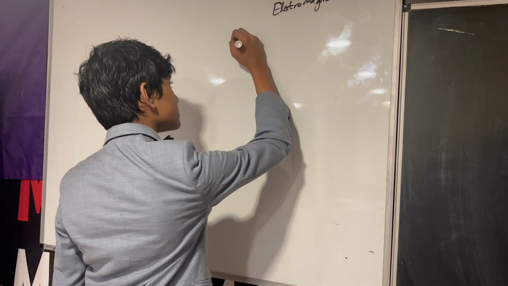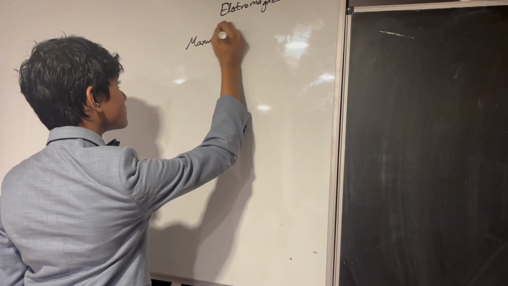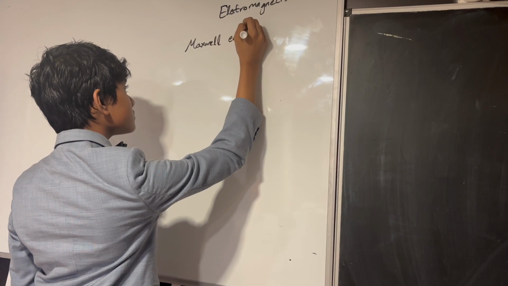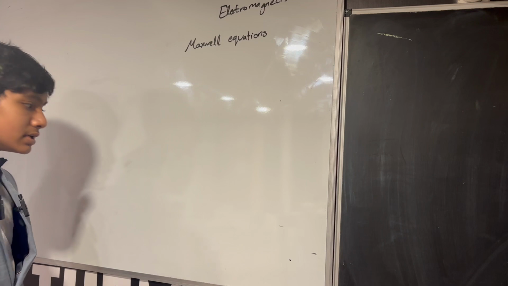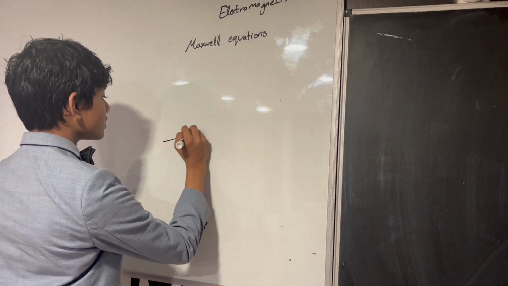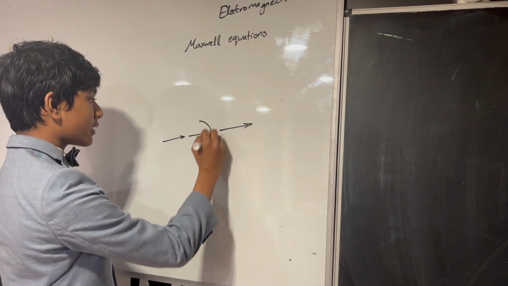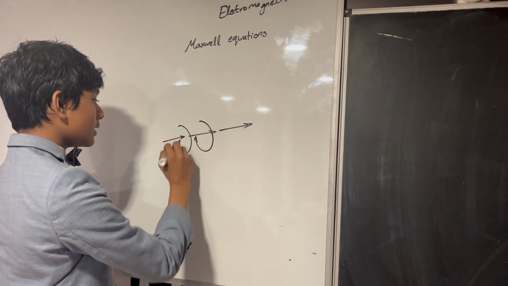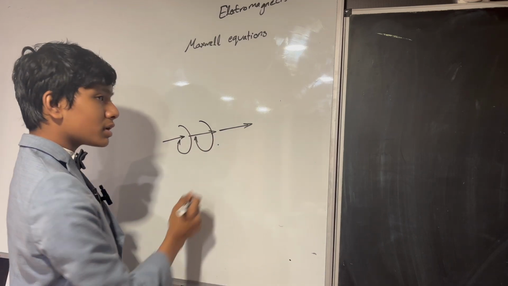There are these things called the Maxwell equations. And they describe how any electric field, like the current flowing through a wire, can actually generate a magnetic field, and how that magnetic field can also generate its own electric field.